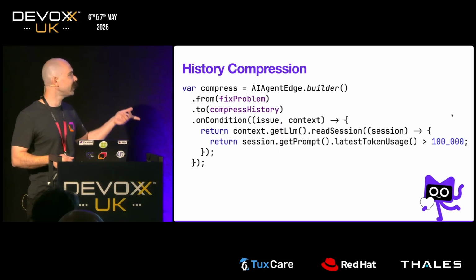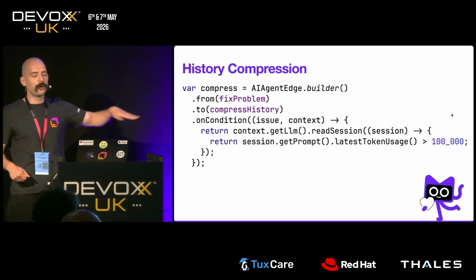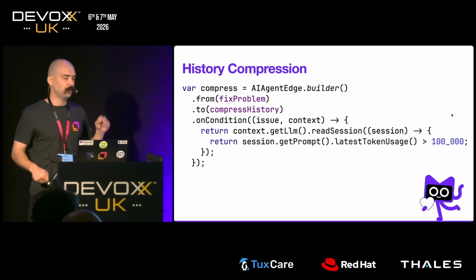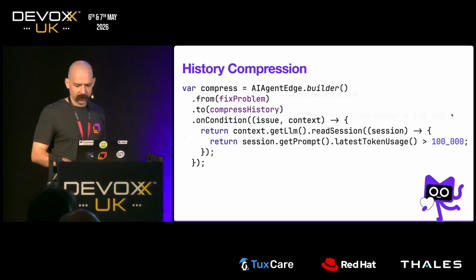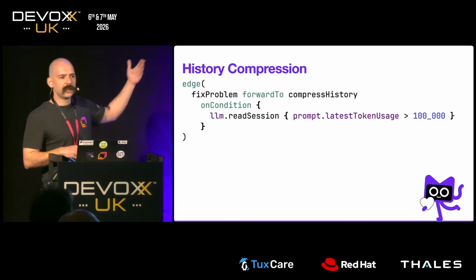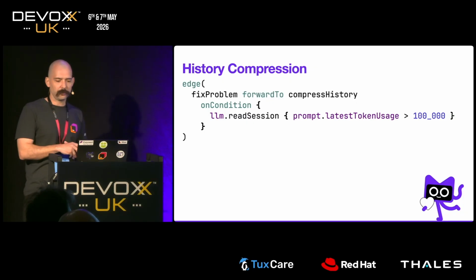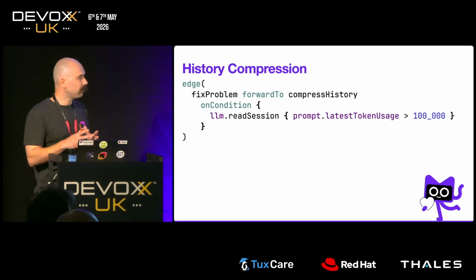In this case, we're saying only compress the history when you have used more than 100,000 tokens. And this is exactly what that looks like in Kotlin. As you can see, it benefits a little bit from the Kotlin DSL powers, so things are a little more readable.